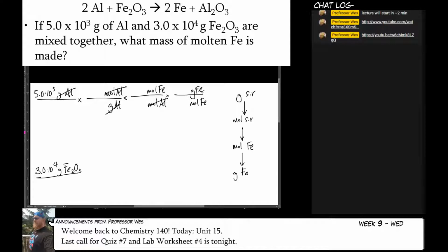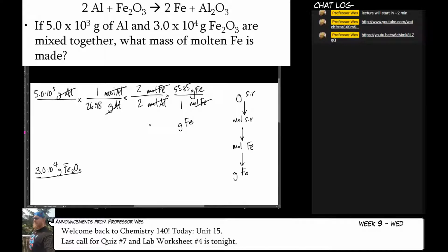All right, so according to the periodic table, the aluminum molar mass is 26.98. For every 2 aluminum in, I get 2 iron out, and 1 mole of iron is 55.85. So how much iron do I get out?